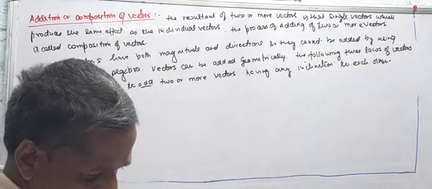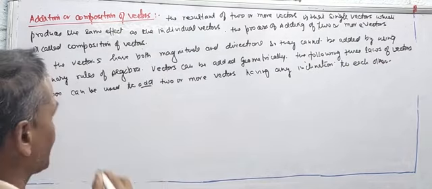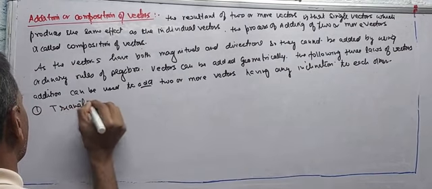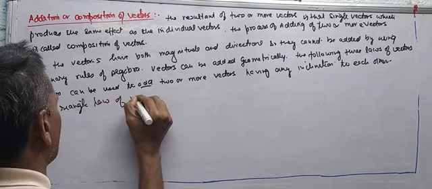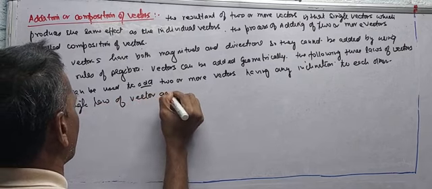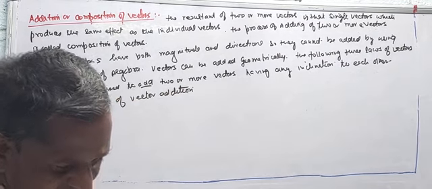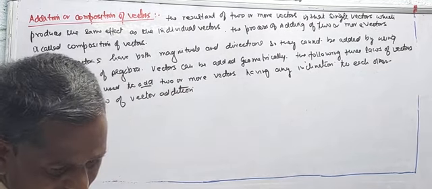Number first, triangle law of vector addition for adding two vectors.